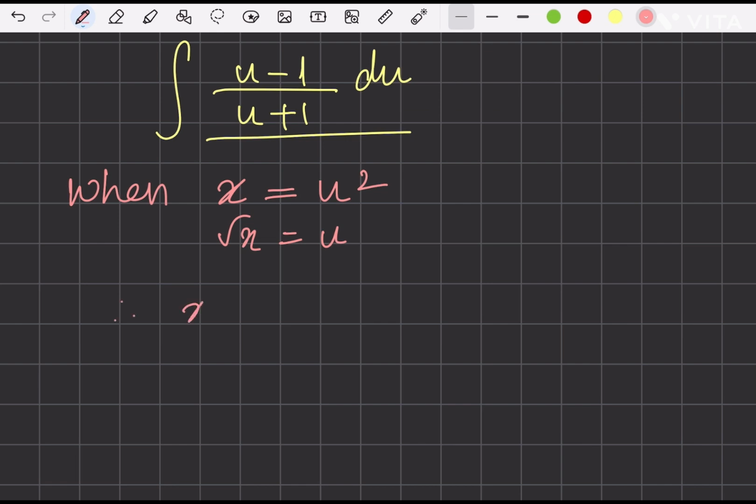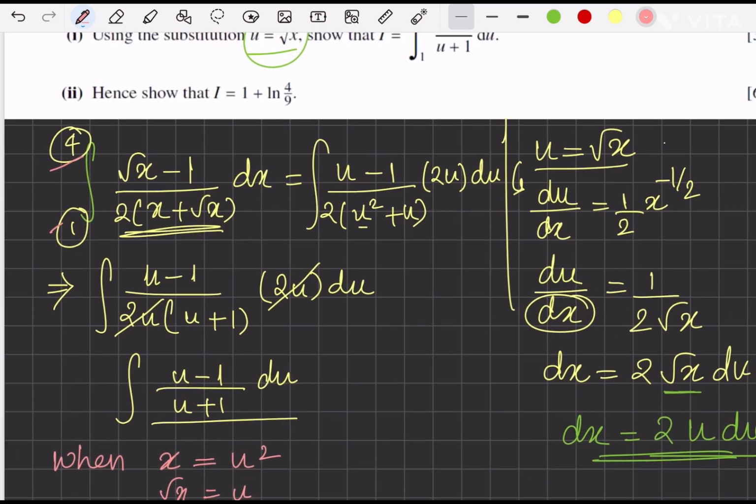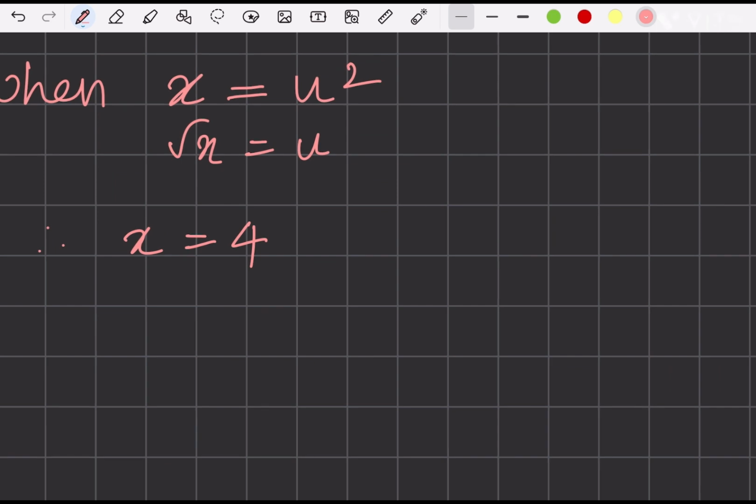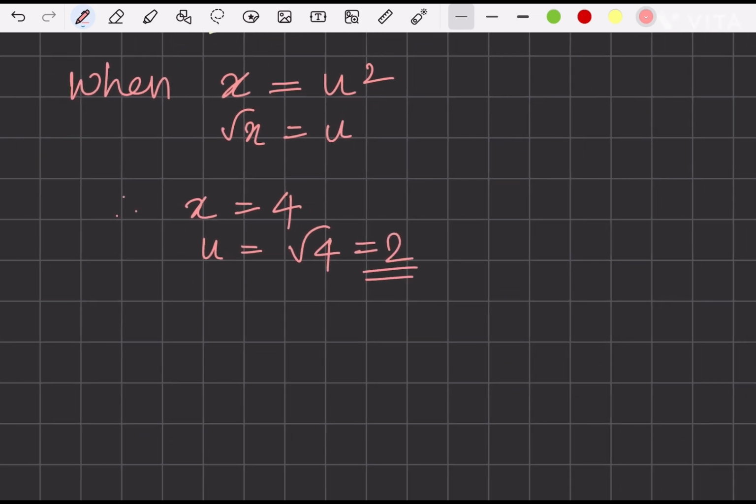Hence when the x value, the upper limit, is given to be 4, at that time u is equal to under root of 4, that is nothing but 2. Next, when x is equal to 1, u is nothing but under root of 1, which will be just 1.